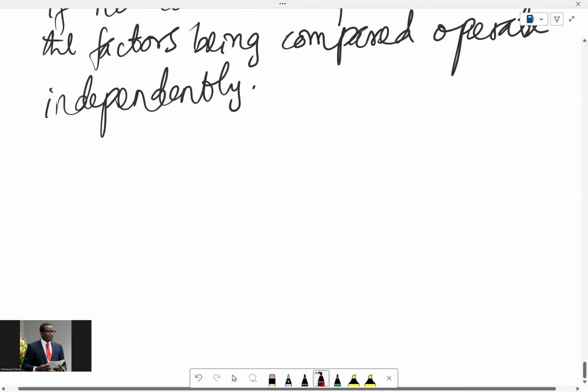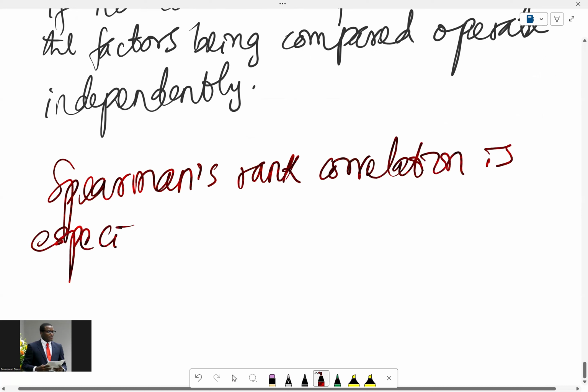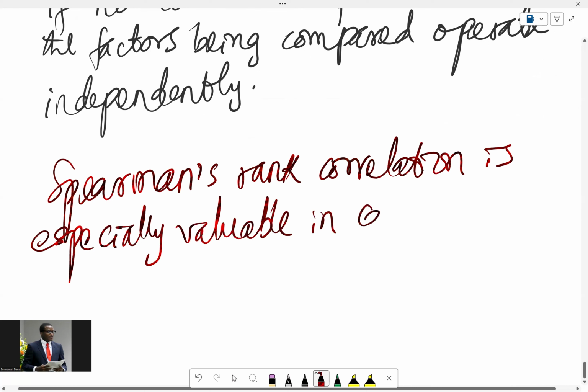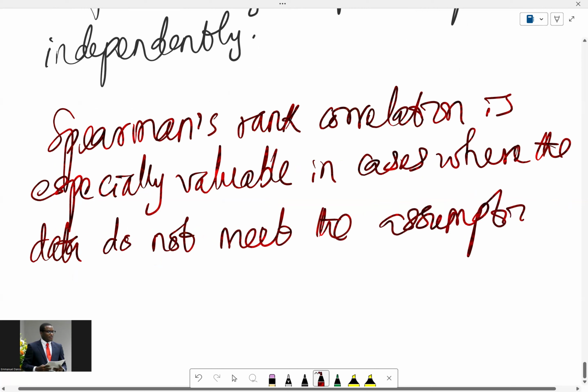So finally, Spearman's rank correlation is especially valuable in cases where the data do not meet the assumptions of Pearson's correlation.